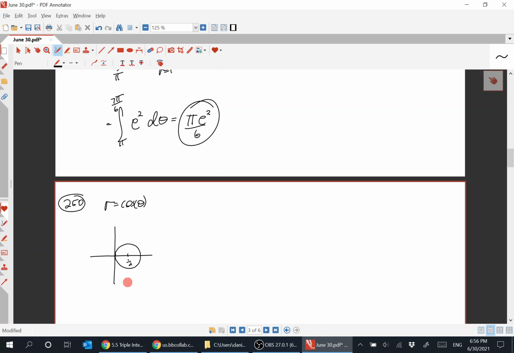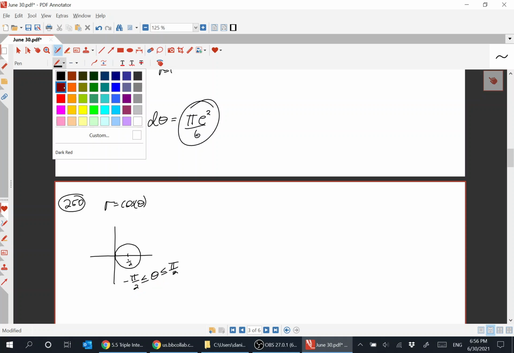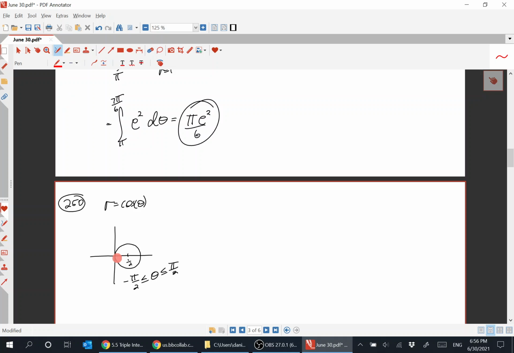For theta, minus pi over 2 less than or equal to theta less than or equal to pi over 2. Because at minus pi over 2, the angle is down here, and this is 0. Right? And then as you go from minus pi over 2 to 0 to pi over 2, the radii get smaller and smaller like that and go down to 0. So that's that circle, right?